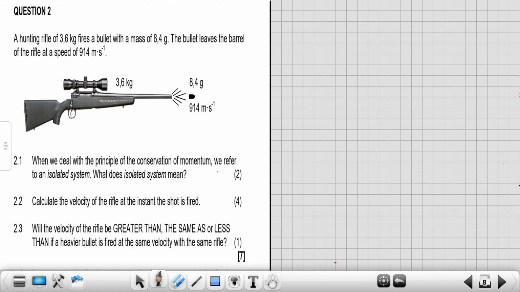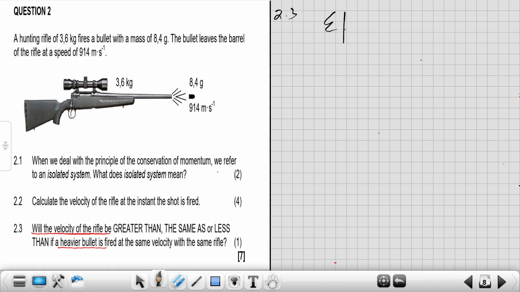It says here, will the velocity of the rifle be greater than, less than, or the same as if a heavier bullet is being fired? So to answer this one, at 2.3, I'm going to use the principle again.